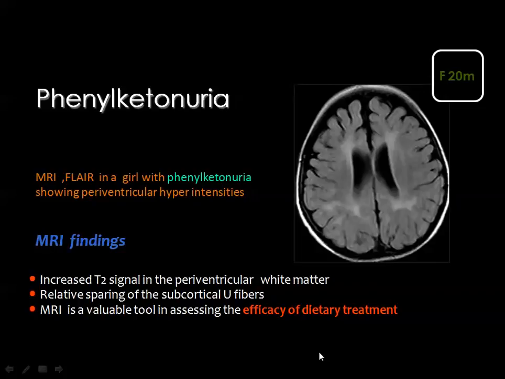In MRI, you can see the affected white matter will show hyperintensity in the T2 and FLAIR weighted images, and there is some relative sparing of the subcortical U fibers. MRI is better than CT in assessing the efficacy of dietary treatment.